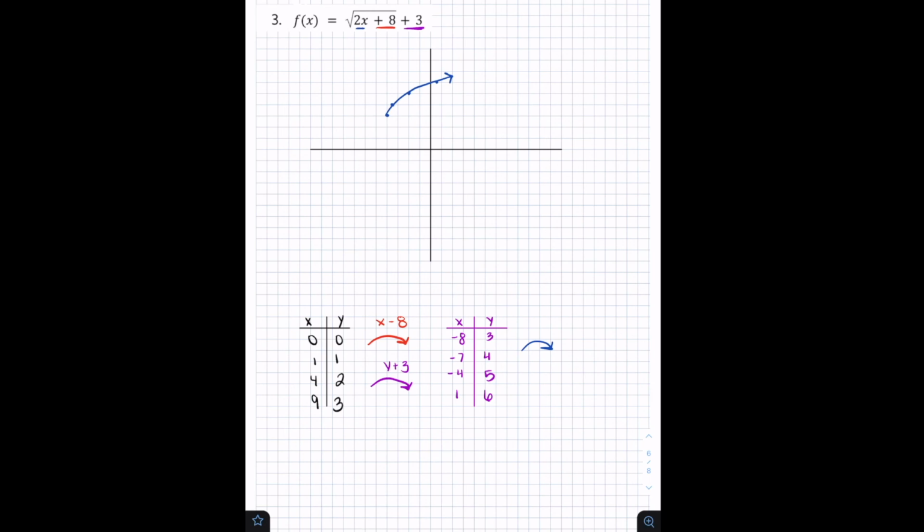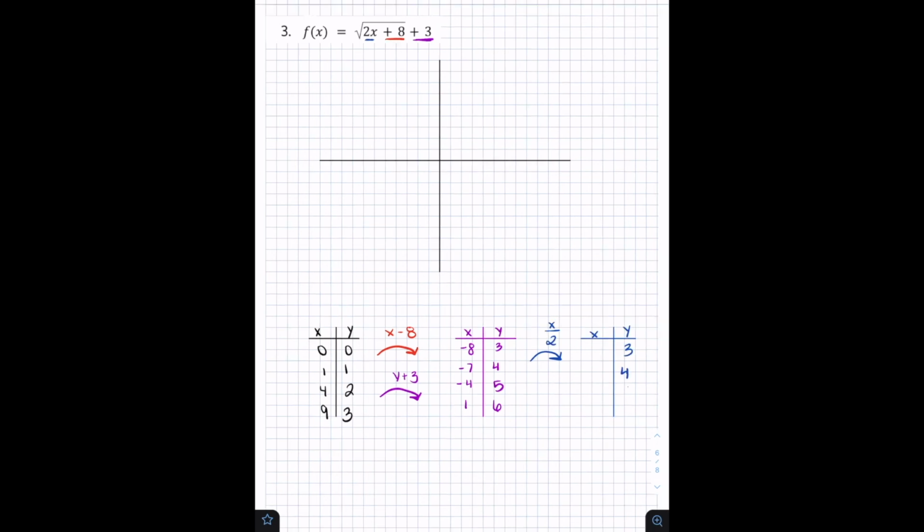And so to change our x values, we need to divide all of them by 2. So if we keep all of our y, and then we divide by 2 for all our x values, we get those values, and then we are able to graph that.